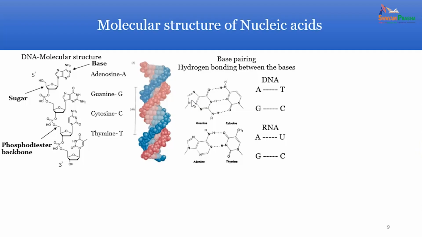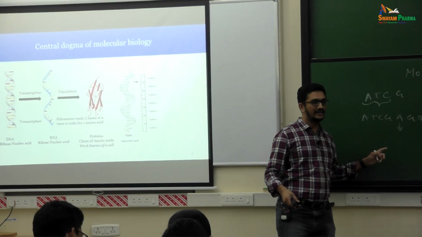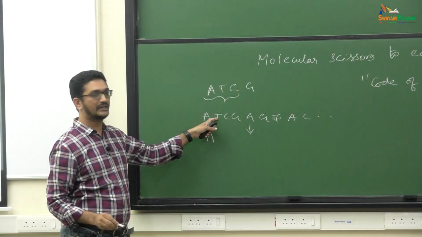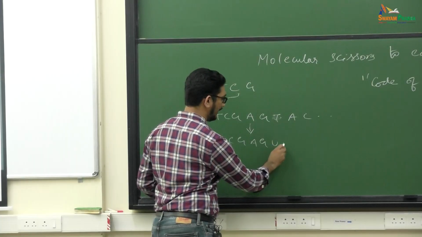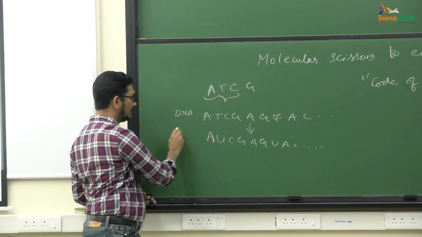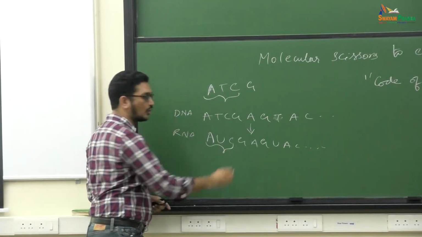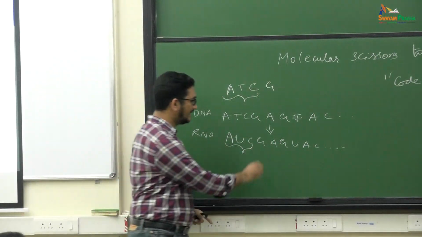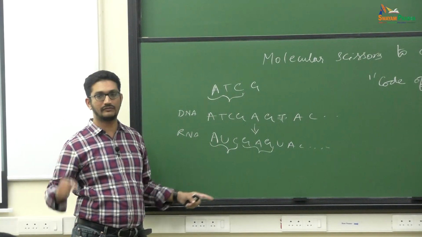Now, going back to this central dogma, you have DNA, and DNA is transcribed into RNA. The only difference is that your T is replaced by U: A, U, C, G, A, G, U, A, C, something. This is your DNA, this is your RNA, and there is something called ribosomes that will read 3 of these bases at a time, and each 3 of these bases will code for 1 amino acid.